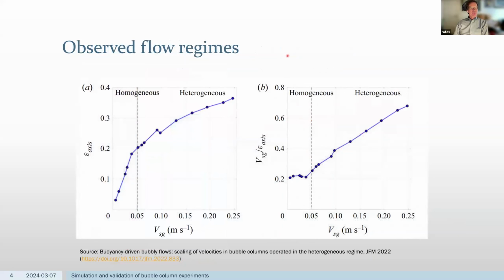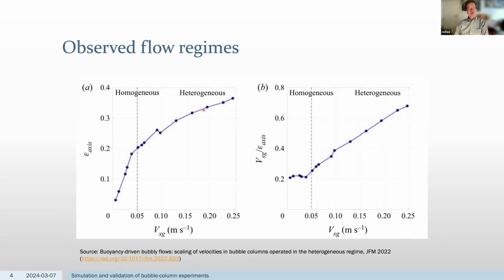For those of you that are not familiar with bubble column dynamics, again, there are two regions. There's a homogeneous region, and in the homogeneous region, you get an approximately linear increase in the void fraction, measured at the axis, with the superficial velocity. And then in a nicely designed bubble column like the Grenoble column, there's a very clean break at approximately 5 centimeters per second, where the void fraction then changes non-linearly with respect to the superficial gas velocity.